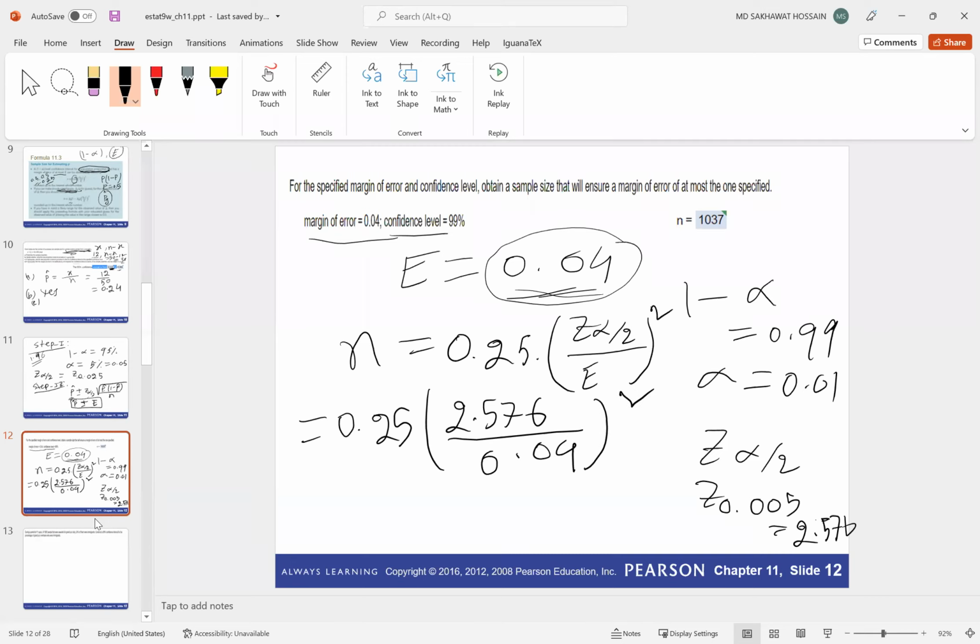Then you will get 1036 point something, but you have to always round it up. So if you round up to the nearest integer, then it will be 1037. So this is the required sample size to obtain a maximum margin of error of 0.04.